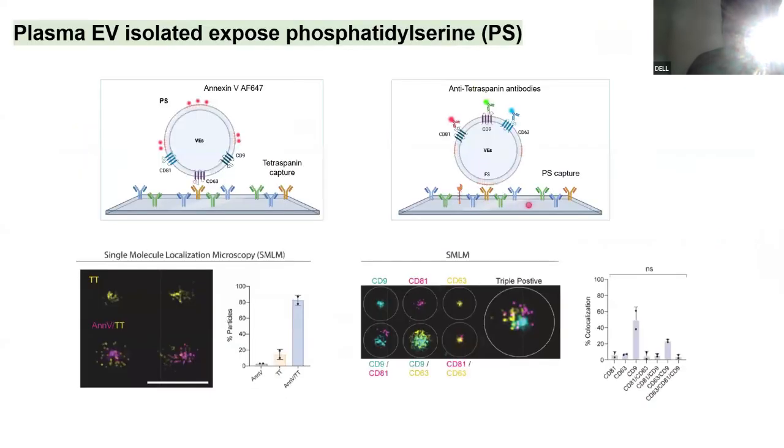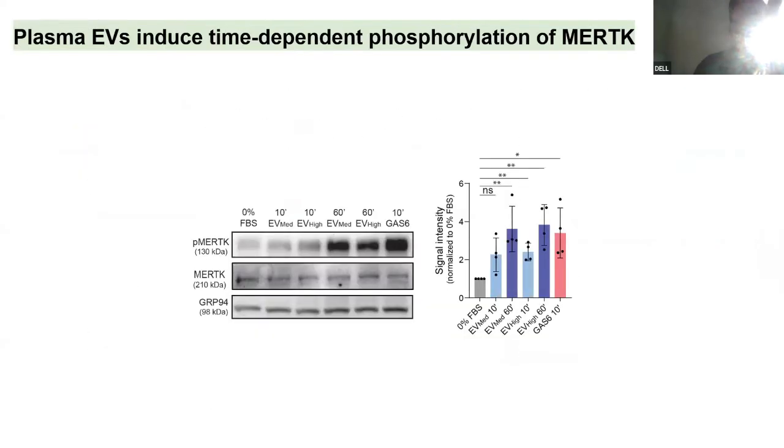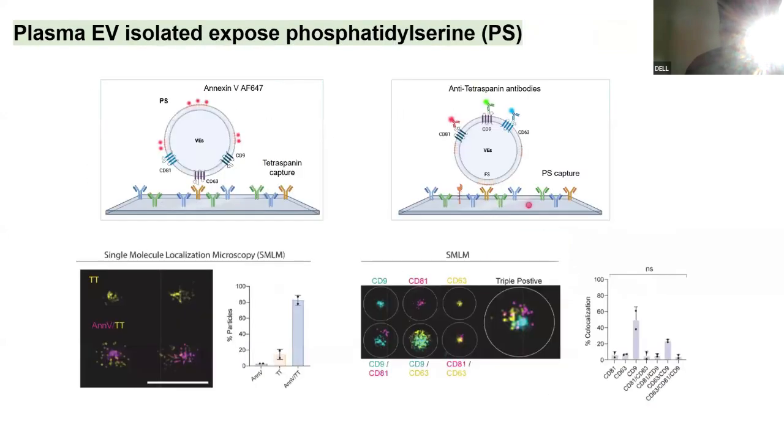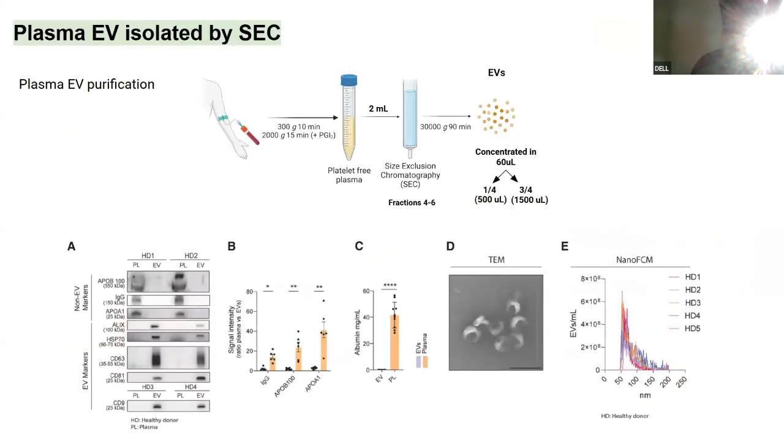Regarding the phosphorylation of MERTK, we didn't see a dose-dependent effect on the MERTK phosphorylation. So we did it on a time-dependent mechanism. Yes, and regarding the exact concentrations, we can check here.